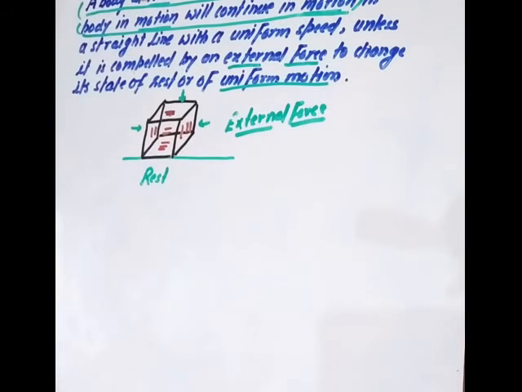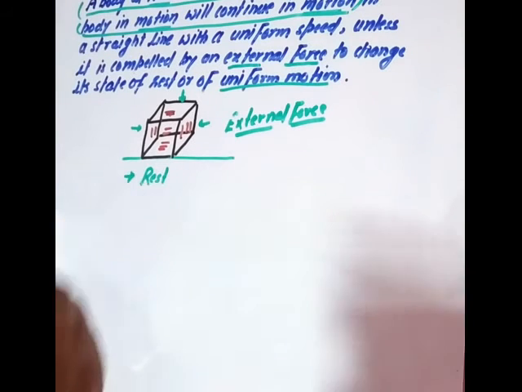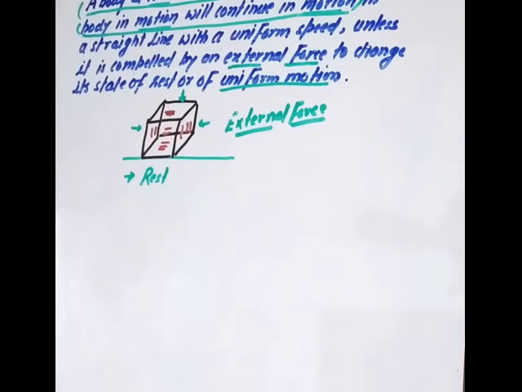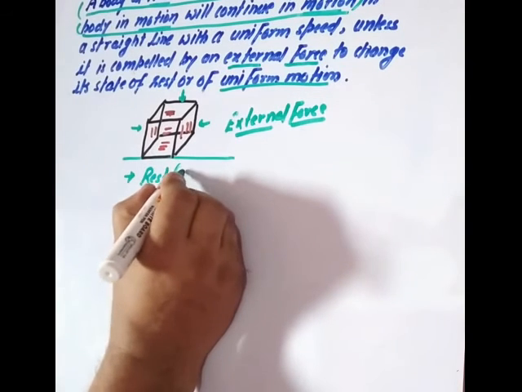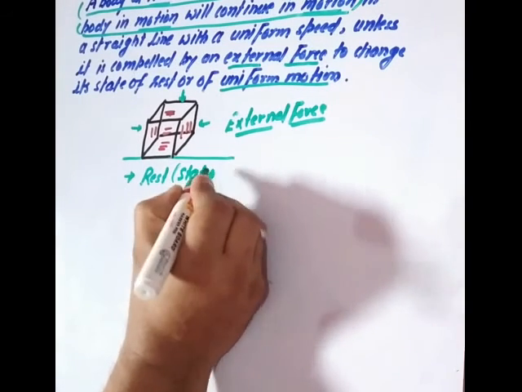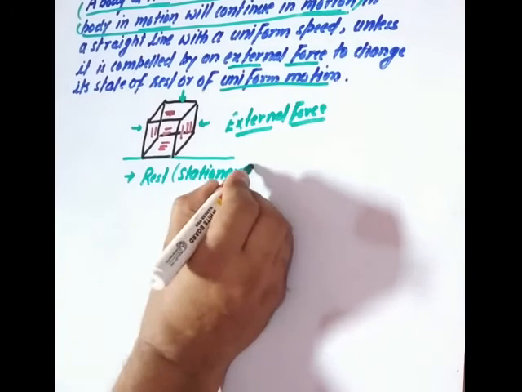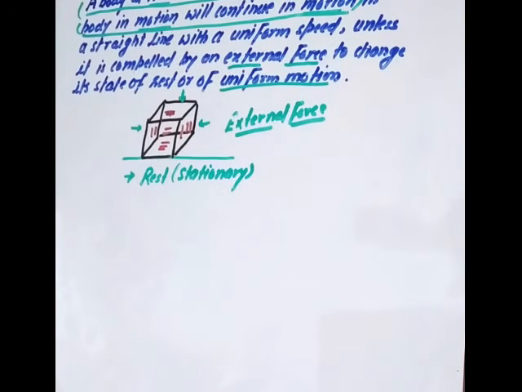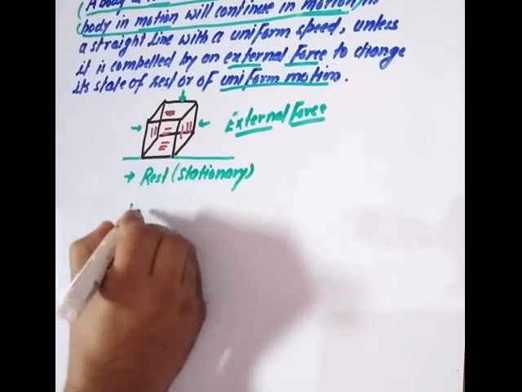The tendency of a body to remain at rest, the rest position tendency or stationary tendency, or if moving, like when a car is moving or somebody is moving, to continue moving in a straight line is called inertia. Here a new word is introduced, known as inertia.